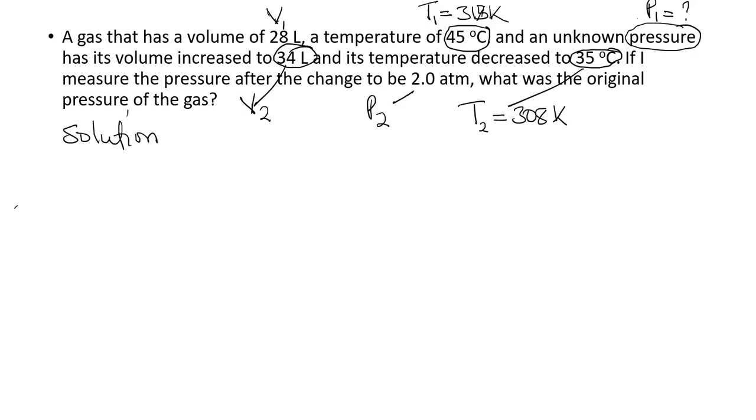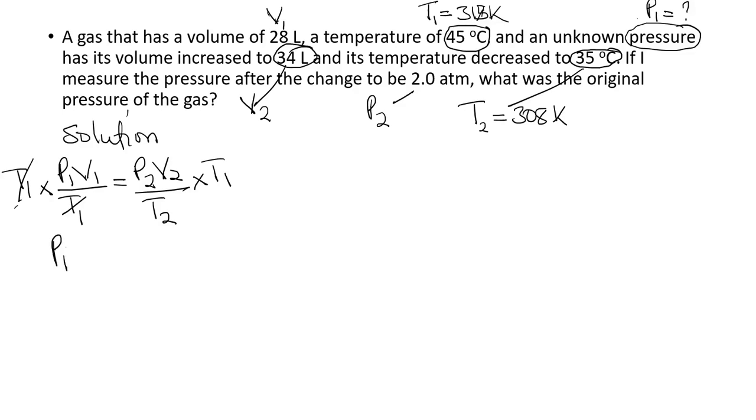So for this problem, I will say P1 V1 over T1 is equal to P2 V2 over T2. If I play around with this problem, I'm going to multiply this side by T1, multiply this side by T1. So the T1 here cancels with this one.